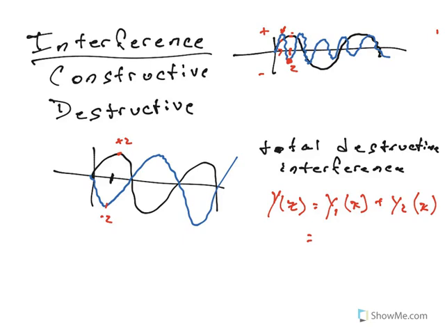Well, I get y1 at that point x is +2, and y2 at that point x is -2, and so I get a value of 0. And if we have total destructive interference, then any point x you choose when you're adding these 2 waves together, you're always going to get 0. So the actual value when these 2 waves interfere is purely 0. You get nothing.